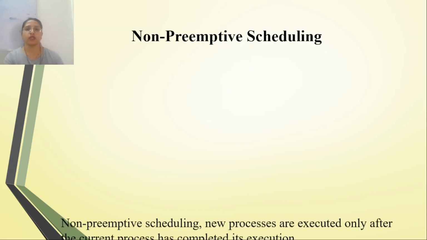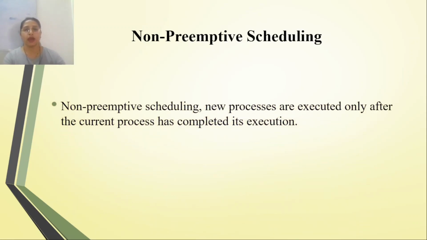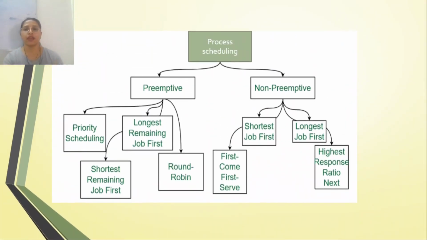Non-preemptive means processes are executed only after the current process has completed its execution. If process P1 is executing and P2, a higher priority process, comes in, first P1 will execute, and only then will the switching be done. That is non-preemptive.